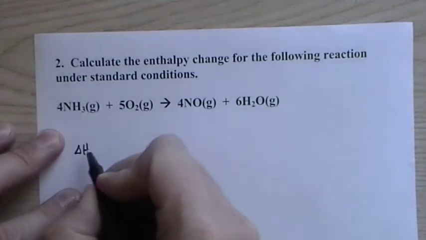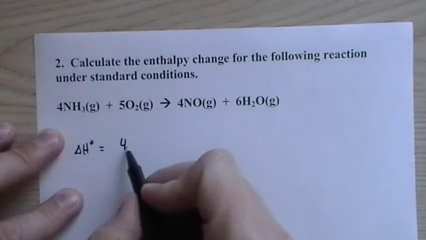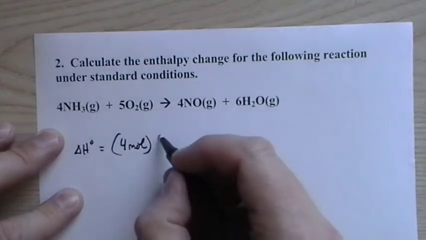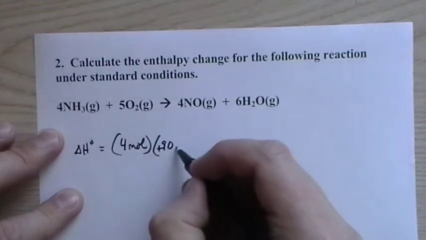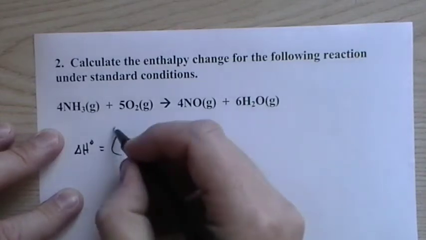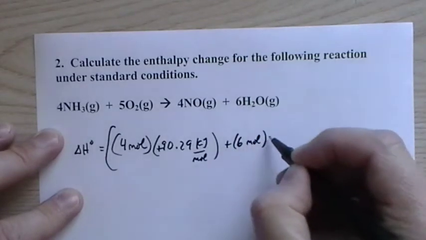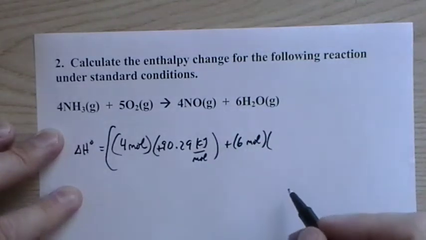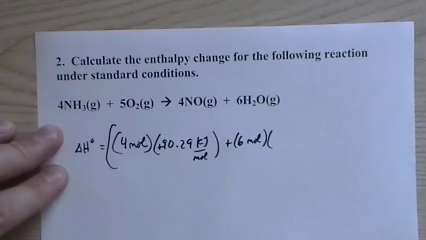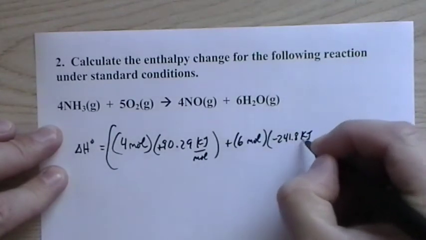The heat of reaction is going to be 4 moles for NO. And we just did that one, so we have 90, plus 90.29 kilojoules per mole, plus 6 moles, and that 6 is exact, and it's gas, it's water vapor, so it's not the same as the previous problem. It's minus 241.8 kilojoules per mole.